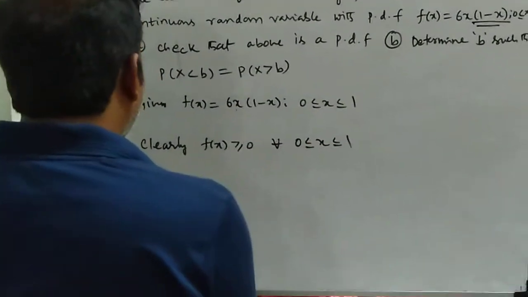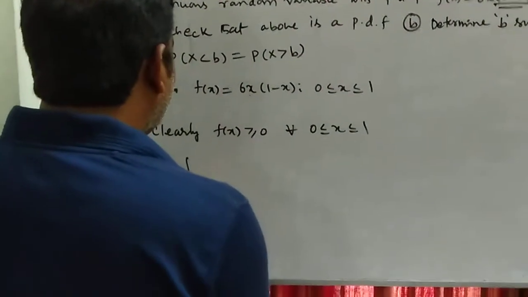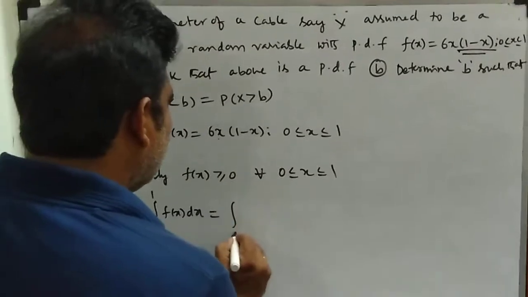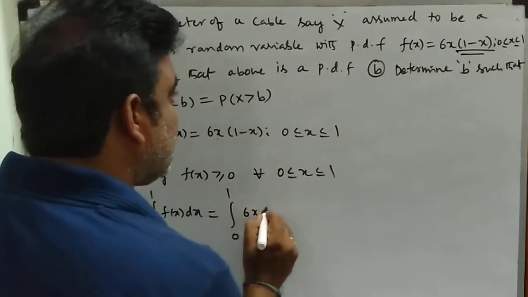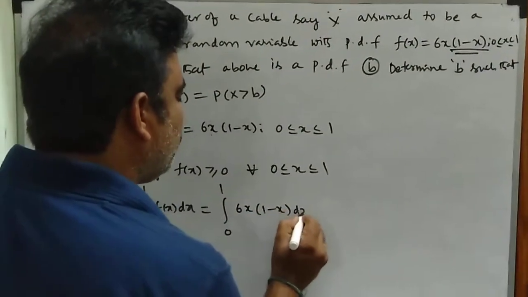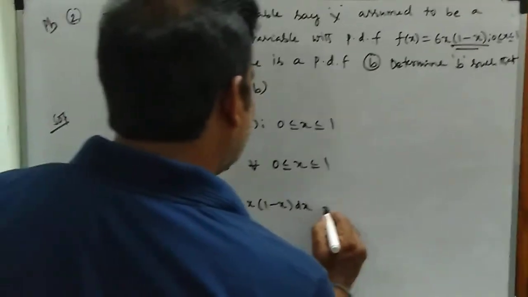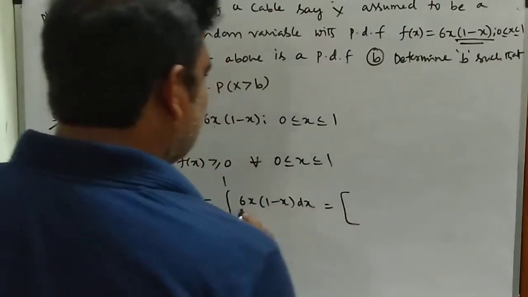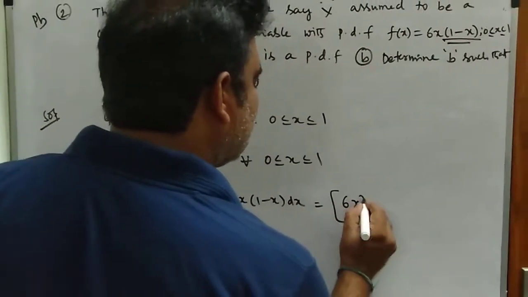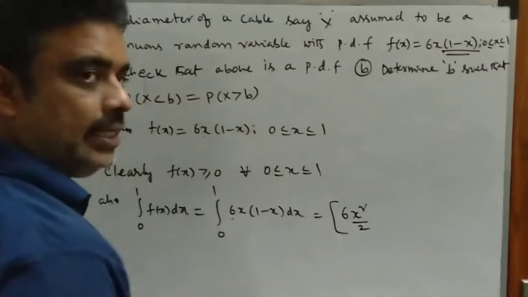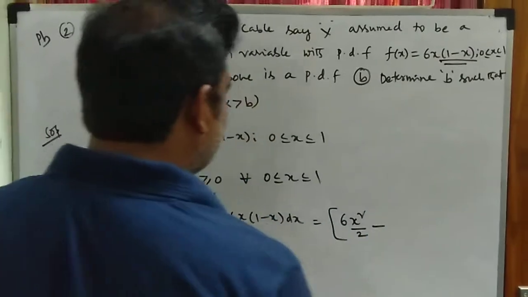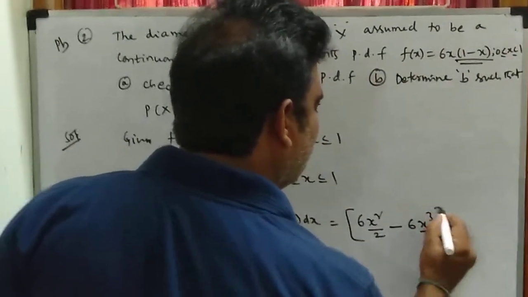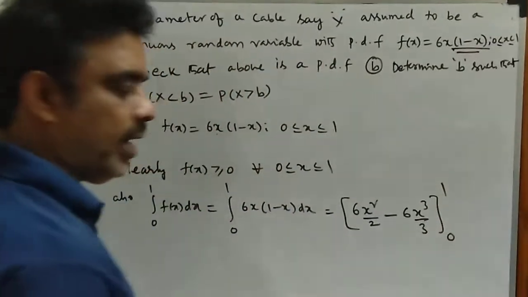And also, the integral 0 to 1 of f of x dx. So the integral 0 to 1 of 6x into 1 minus x into dx. So what is the integration? Directly I will write the integration. 6x, first term, 6x square by 2, minus 6x cube by 3, between the limits 0 and 1.